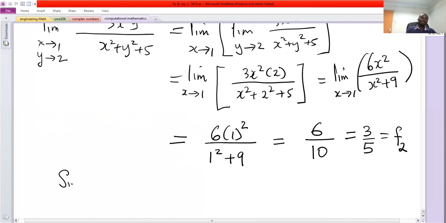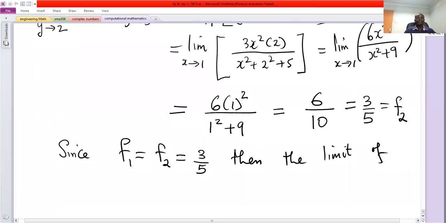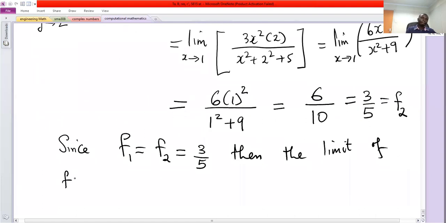Now, since F1 equals F2 equals 3 over 5, and we were not approaching the origin, then the limit of the function f of x, y exists.